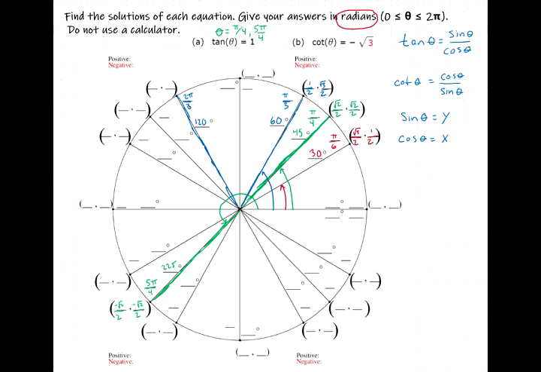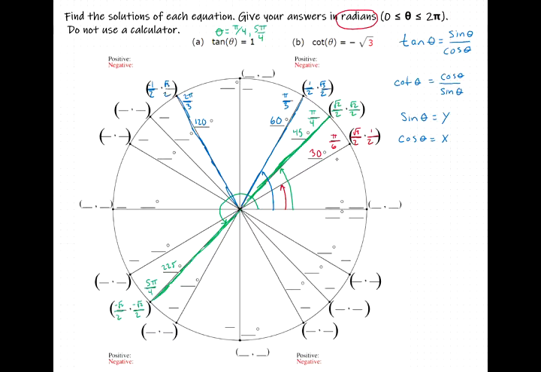And so the coordinates in quadrant 2, well, the x-coordinate would be negative, and the y-coordinate would be positive. So that would be a negative 1/2 and a positive root 3 over 2.